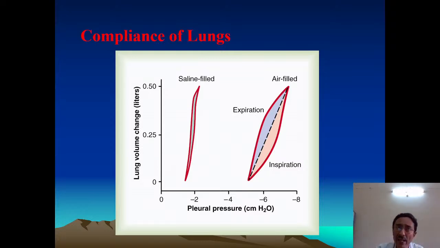If it is a saline-filled alveoli, minimum work is required, whereas because of the air, the surface tension and the water molecules present in the alveoli, there is an air-water interface, and this air-water interface is causing more work of breathing.